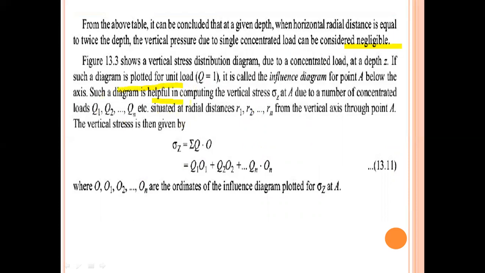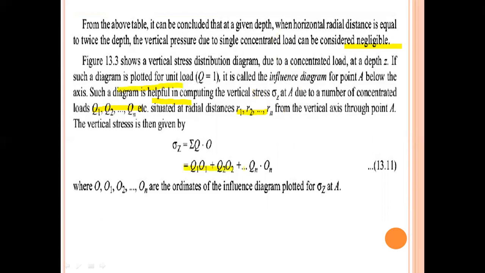Such a diagram is helpful in computing the vertical stress sigma z at A due to a number of concentrated loads Q1, Q2 and so on, Qn, situated at radial distances R1, R2 and so on, Rn from the vertical axis through the point A. The vertical stress is given by sigma z equal to sigma Q into O.